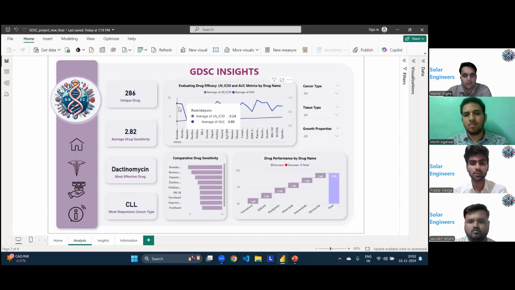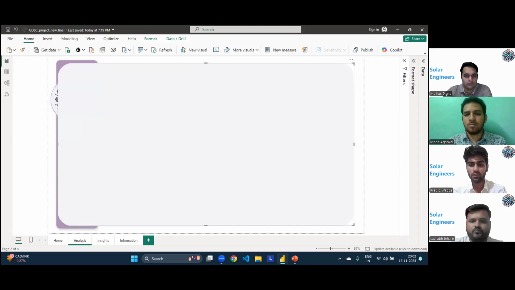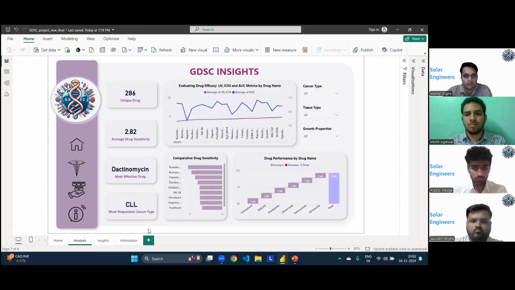So the more the difference, the more effective the drug. Now these are our slicers for our project. So cancer type: based on the cancer type, we can see the visuals accordingly. Now I'm handing over to Malhar. He will explain the further visuals of our project.